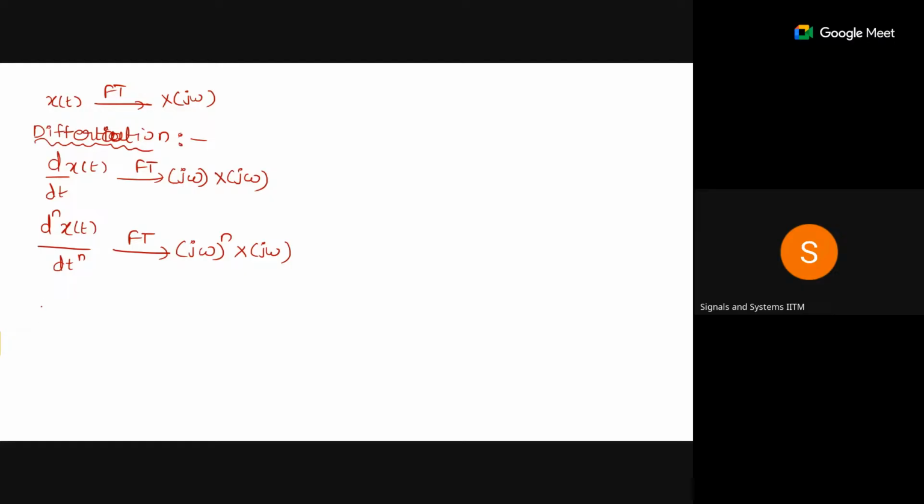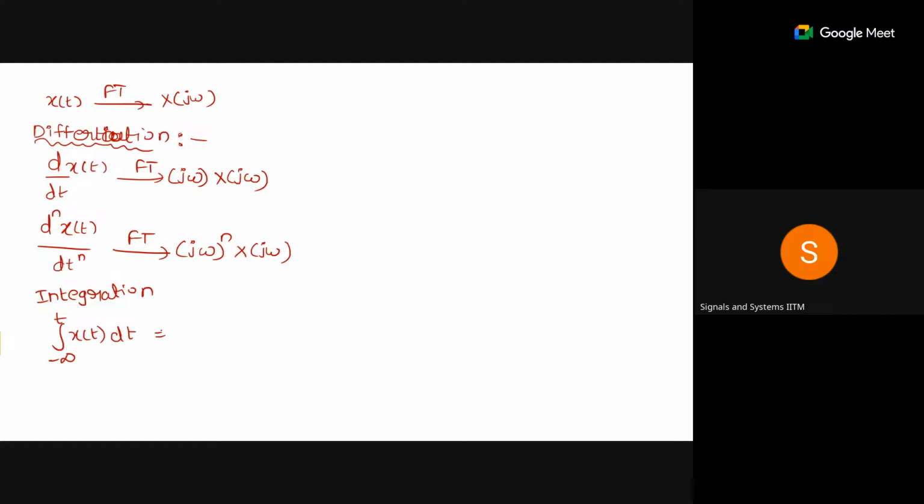So coming to integration: integral from minus infinity to t of x of tau d tau. Why I have taken integration is that integration is the area under the curve, and we'll be taking it from minus infinity to that particular point.